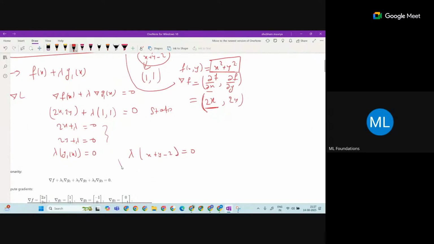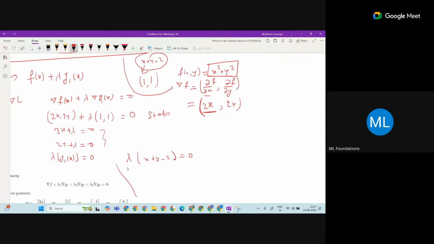It says that either lambda is going to be 0 or x plus y minus 2 is going to be 0. So this is what we got from complementary slackness.